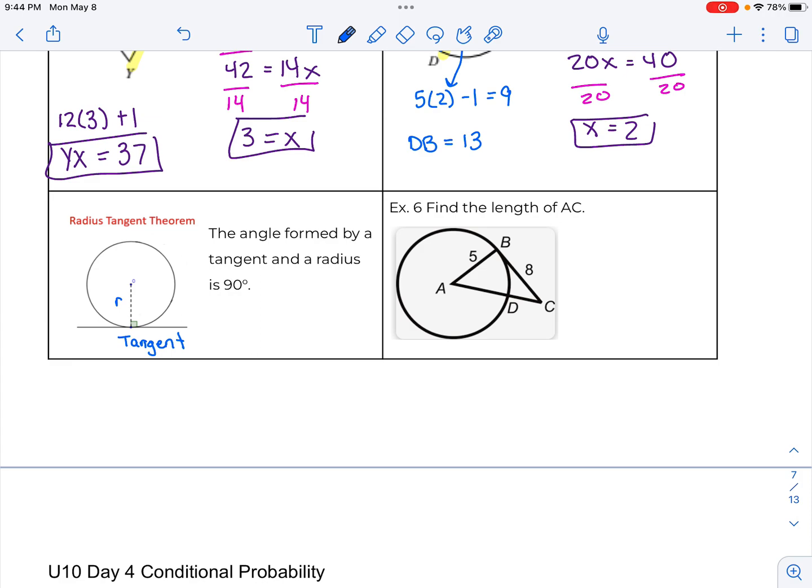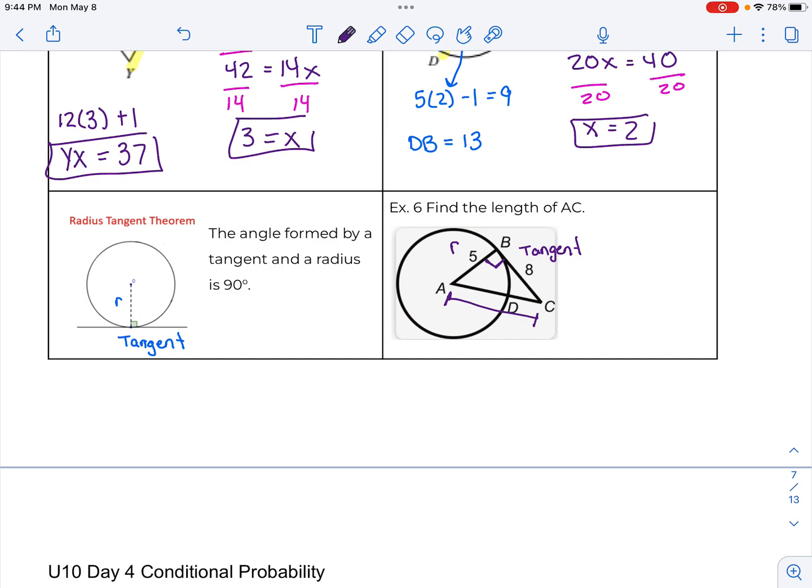So they use this often in pictures that look like this one to the right. Find the length from A to C, all the way there. Because this is a radius, and this is a radius, and this is a tangent line, they form 90 degrees at the corner.